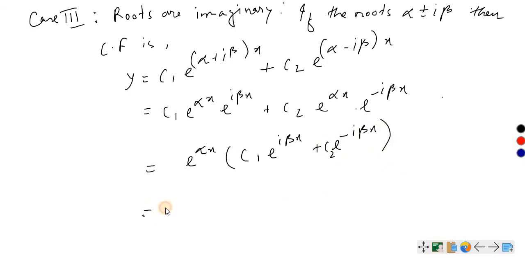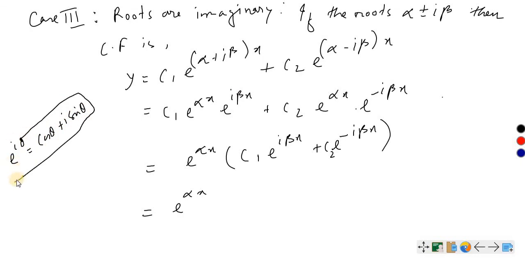Now from De Moivre's theorem, I hope you know that according to De Moivre's theorem, e to the power i theta is equal to cos theta plus i sin theta. I think you know this from De Moivre's theorem, which you know already.